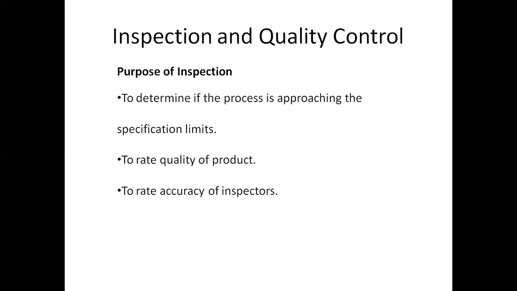So the purpose of the inspection is to determine if the process is approaching the specification limits. Specification limits means there are different limits that are set up for specification. It may be pressure per square inch, or it may be the rating of the quality of that product. Say we have ratings for an electronic item: 3 star, 4 star, 5 star.